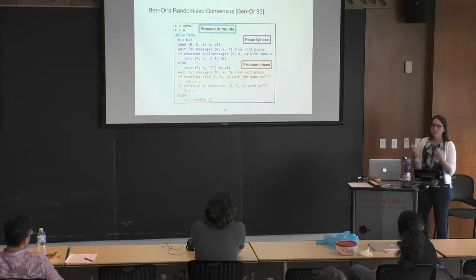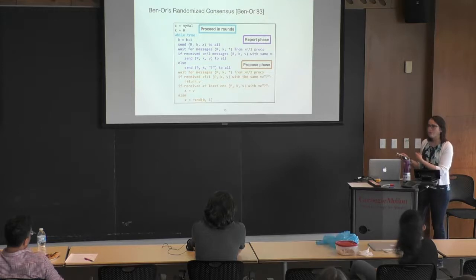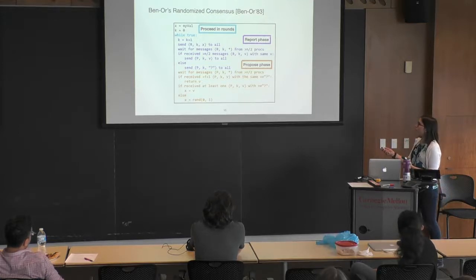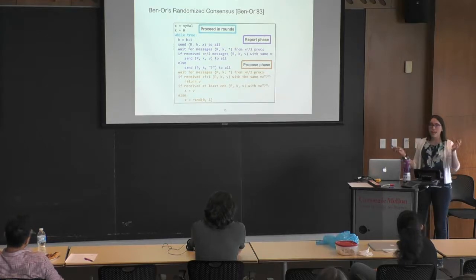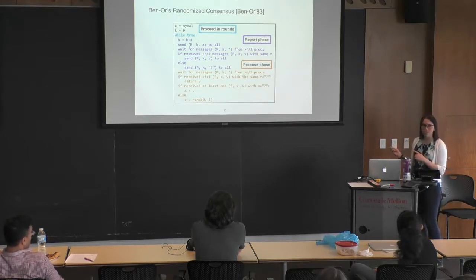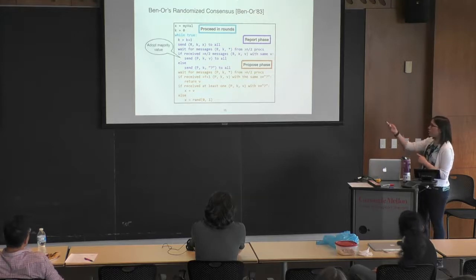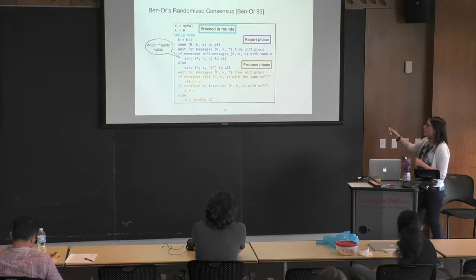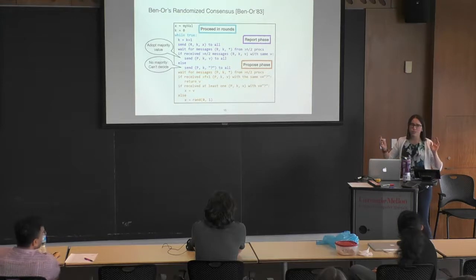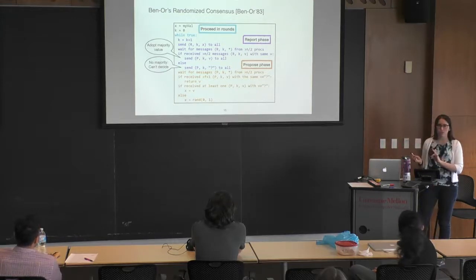And then you sit and wait to hear back from a majority of the processes telling you what their values are. If you hear a majority that all had the same value, then you tell everybody, hey, I heard a majority like this value, which is this line. Otherwise you say, I'm really confused. I heard many different opinions. I don't know what to do. I'll just send a question mark, right?